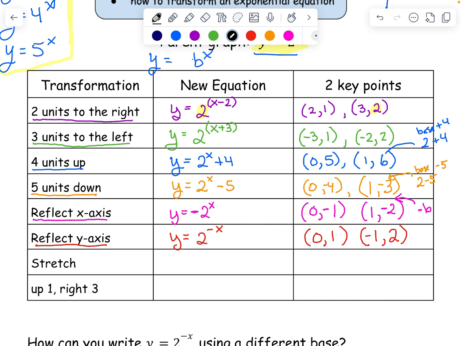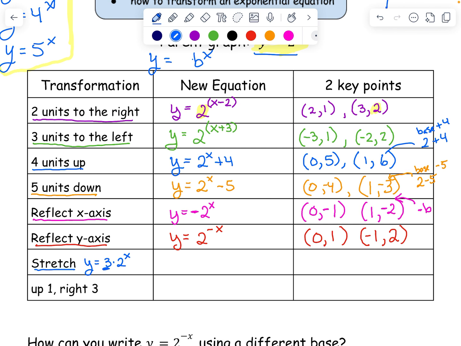Now, when we stretch, you guys, it doesn't really say stretch what. So when we stretch, there's a number in front. So let's do this one. y equals 3 times 2 to the x. Okay, so that's the one we're going to be talking about. We're going to stretch 3.